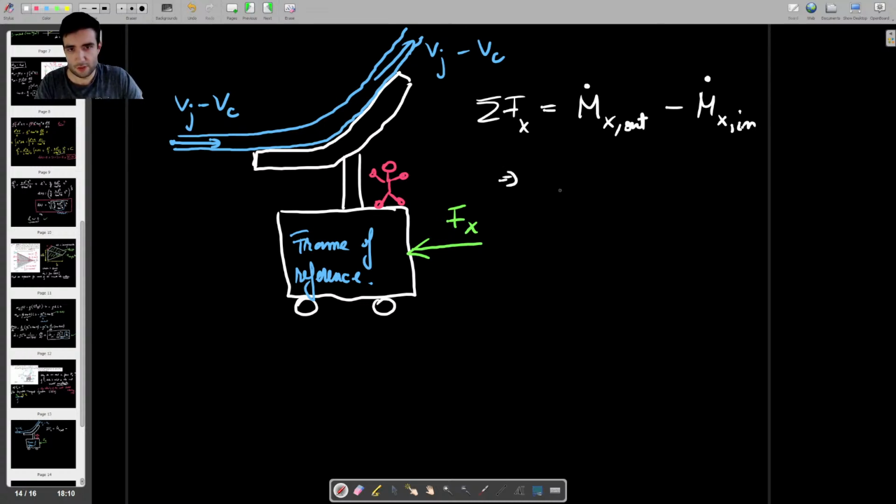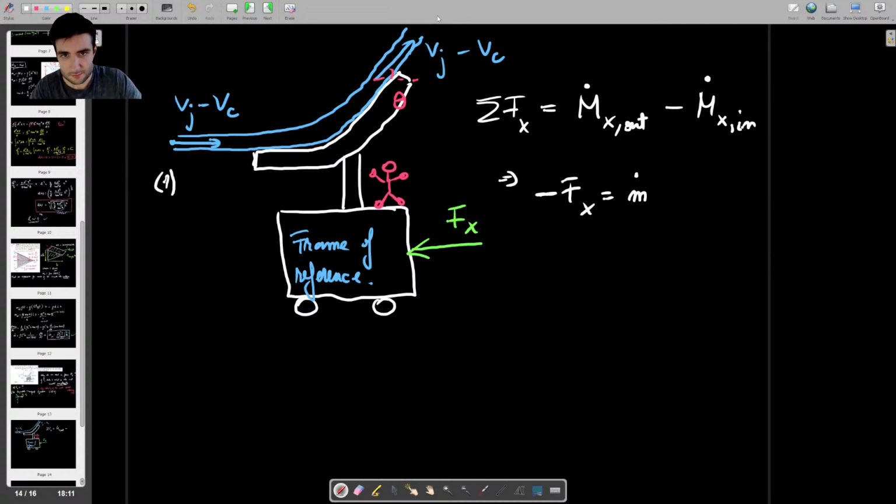So my only force is going to the left, so I'm going to write that's minus Fx equals, and I think there was an angle here as well, which is theta. Okay, so the momentum going out in the x direction is based on the mass flow rate, which is the same at both ends.